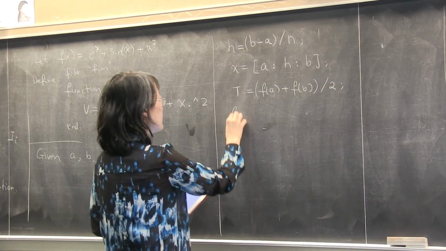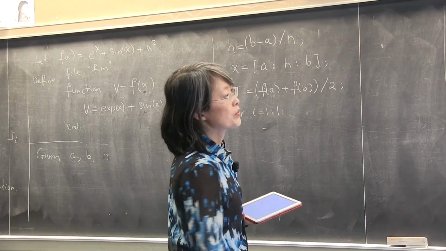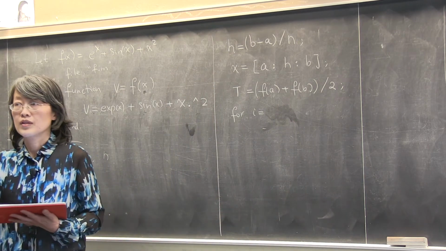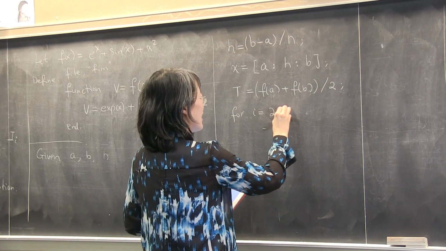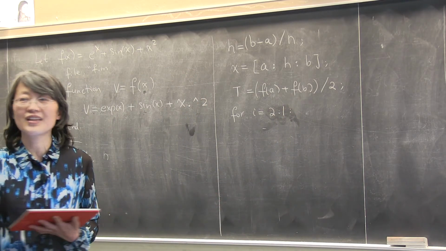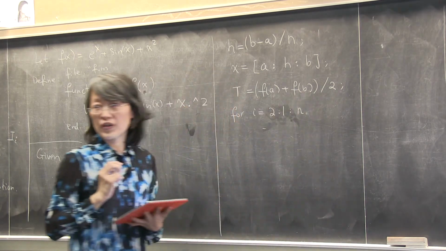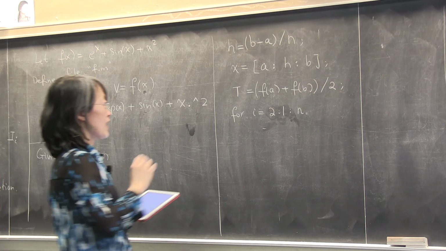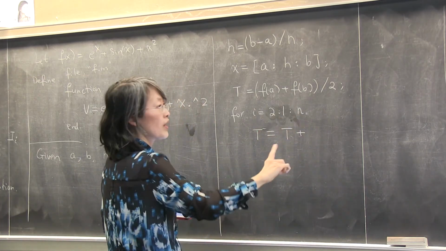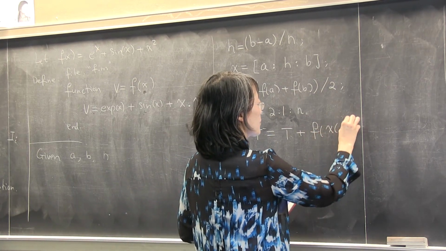And then I need a for loop for i from 1 all the way to, no, it's not 1, in MATLAB I have to start from 2. You have to increase the index by 1 because it doesn't start from 0, right? So 2, and all the way end at n. Now hopefully I'm correct. And then you take t and you modify the value by t plus one of those guys, f at x at i.